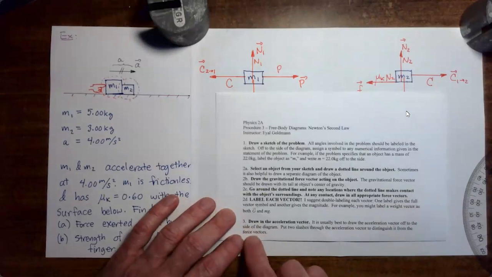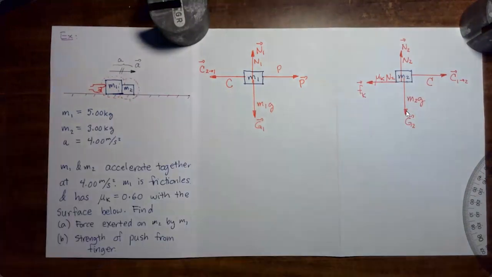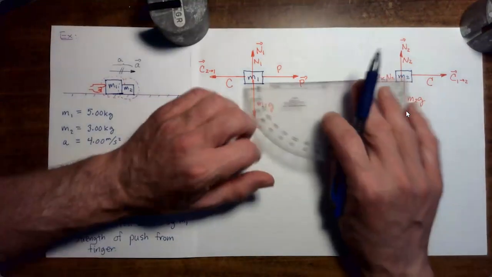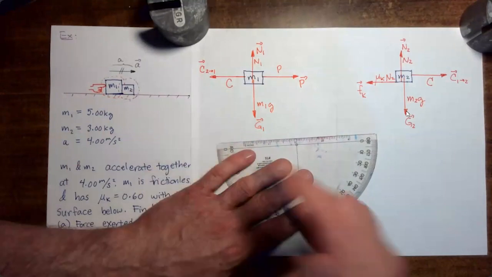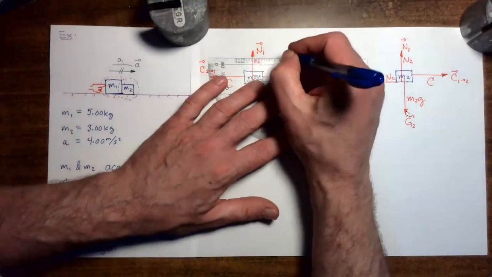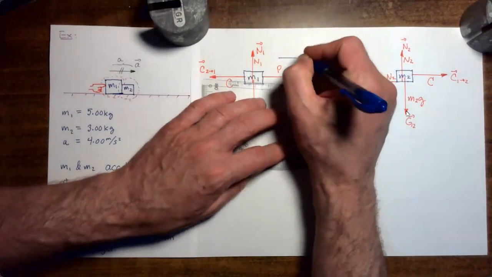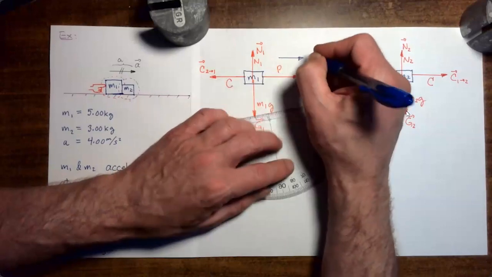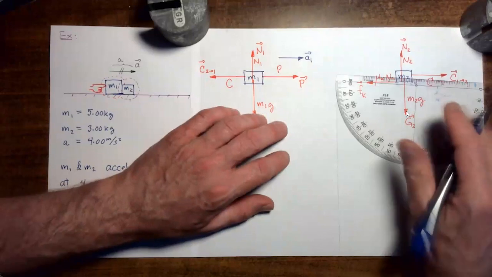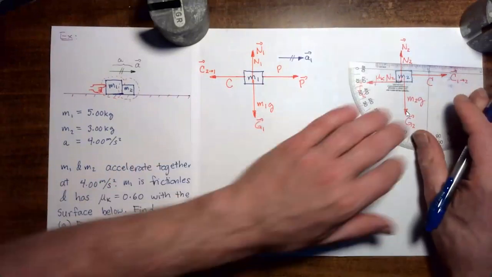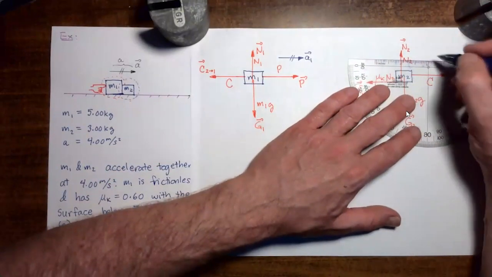Next step would be step 3, to draw in the acceleration vector. Let's do that for both of the masses. Now, the two masses have exactly the same acceleration as each other. So for mass 1, I'm going to put in an acceleration vector. I will call that A1. For mass 2, I will put in the acceleration vector.